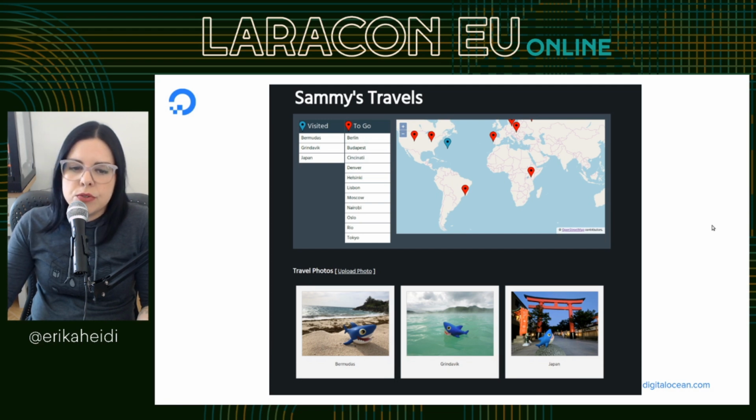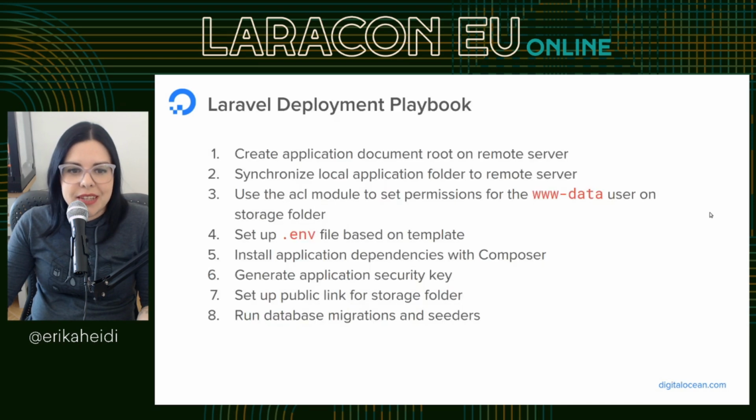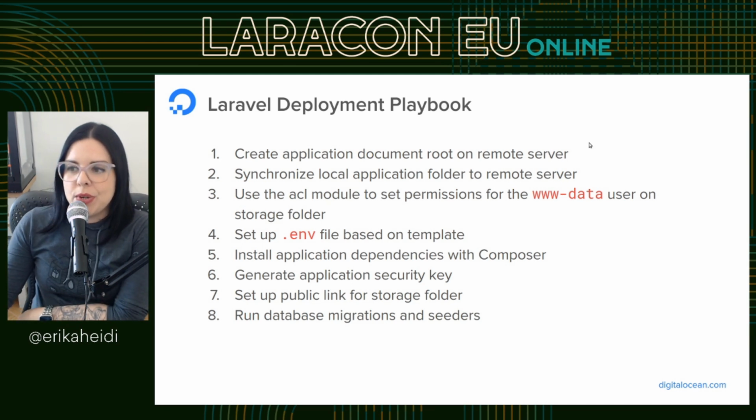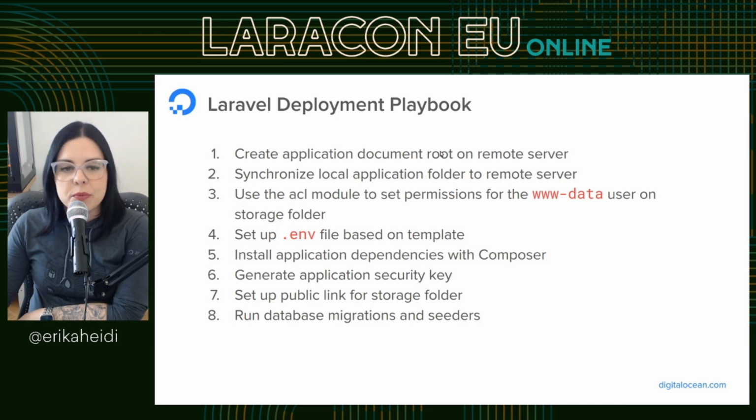What we are going to do is we'll see first which tasks are necessary to deploy this application to a LAMP server, and then we will see the actual Ansible tasks for each of those requirements. So first we need to create a document root folder. Then we will need to synchronize our application files, local files, to the remote server.